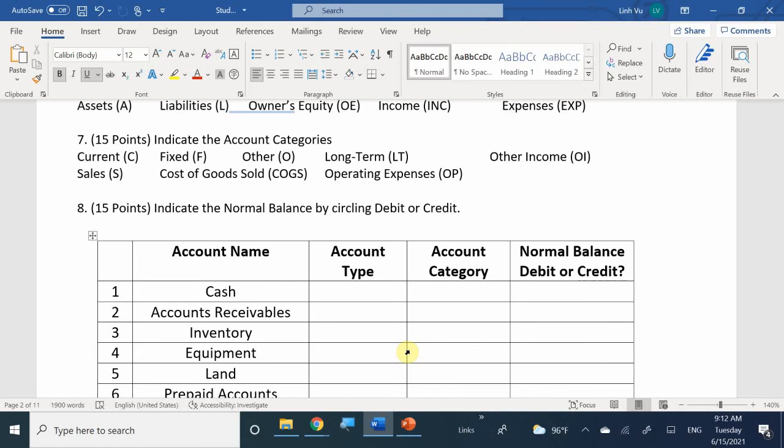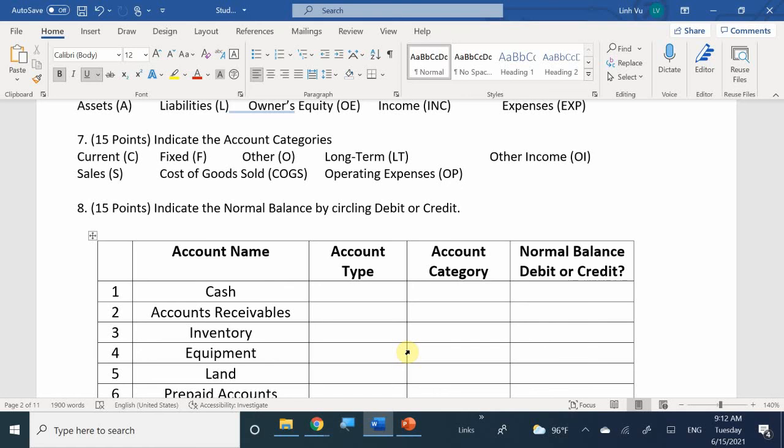Now, of course, it's multiple choice. If I give you an example, I say, what is cash? And I tell you cash is just money that you have in the bank. I'm going to give you choices A through D. A is going to be asset, current, debit.